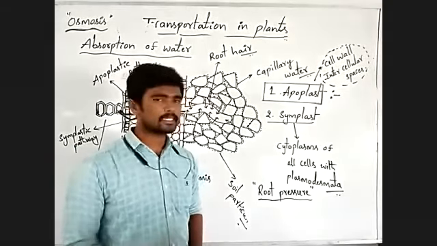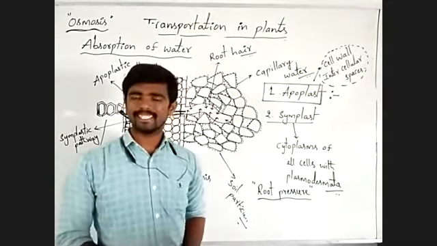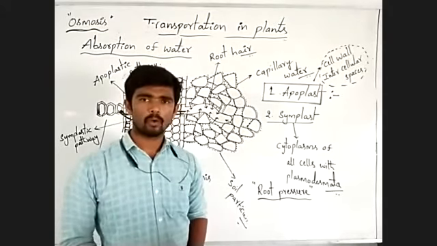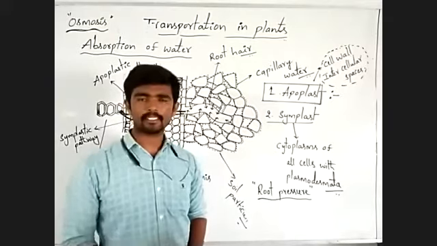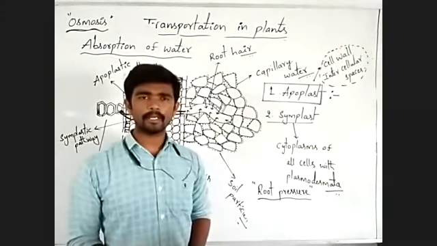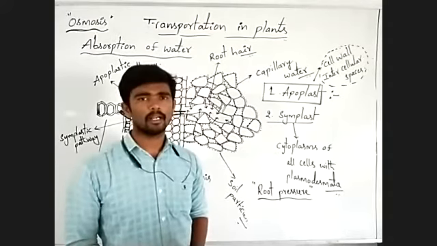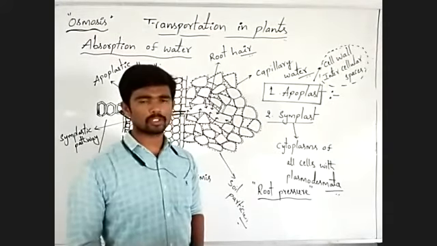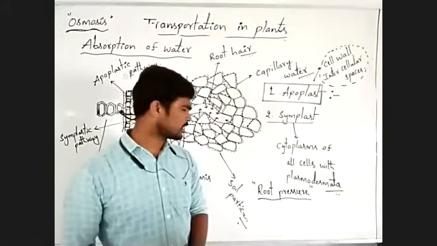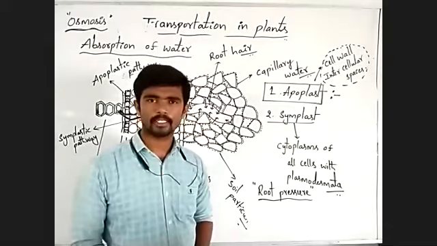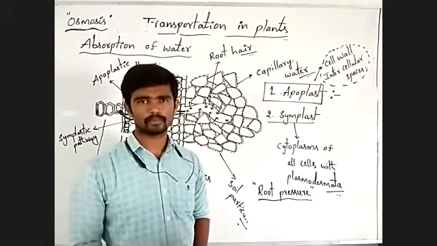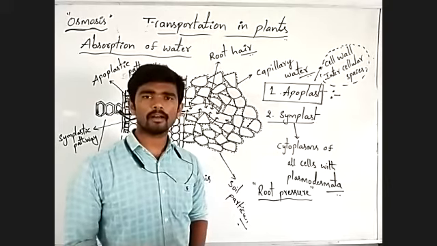In such conditions, inside the xylem vessels of roots, one type of pressure is created. That pressure created by the entered water into the xylem of the root is called root pressure. What is the use of this root pressure? It has a very important role in translocation of the water.